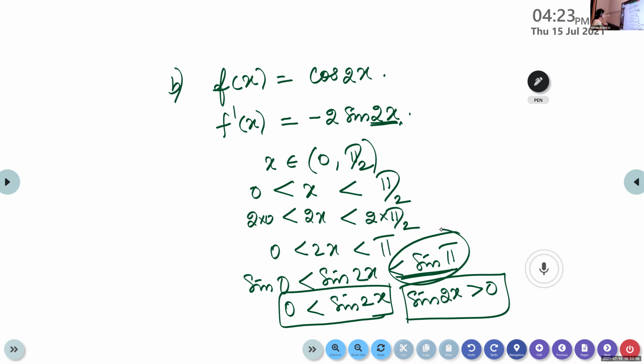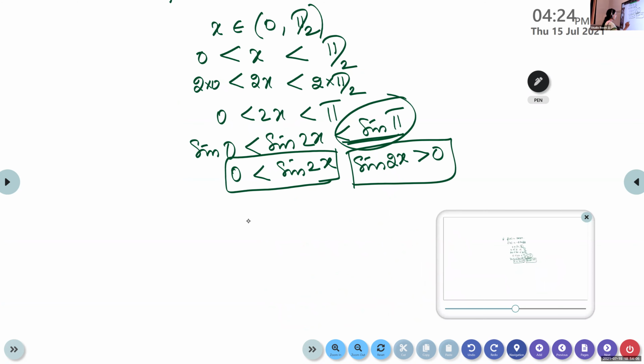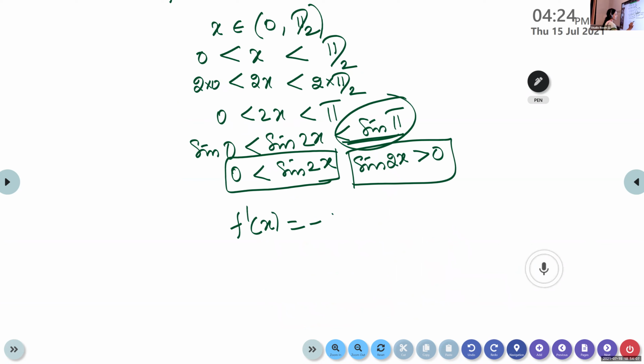Sine 2x is positive. If sine 2x is positive, what will be the sign of f dash of x? f dash of x is minus 2 sine 2x. This is positive, and we are multiplying by minus 2.